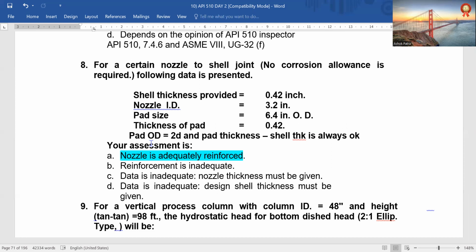Pad thickness. Nozzle ID 3.2 is okay. Thickness of the pad is 0.42. Shell and thickness of pad is same. So nozzle ID is okay.